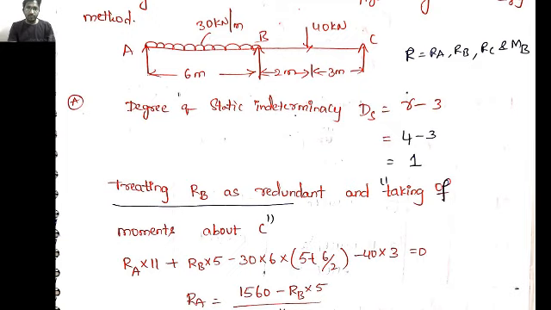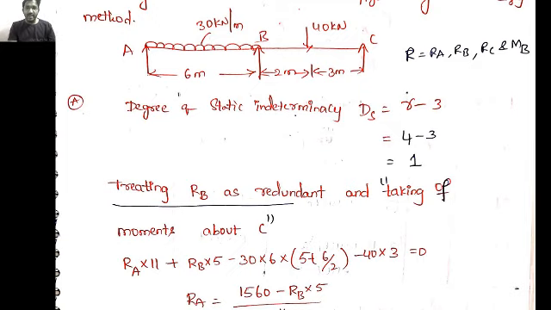Next, the uniformly distributed load also comes: 30 into 6 is the load, and the perpendicular distance from it to point C is 5 plus 6 by 2. Here we are taking moments at point C, that's why 5 is the extra distance.